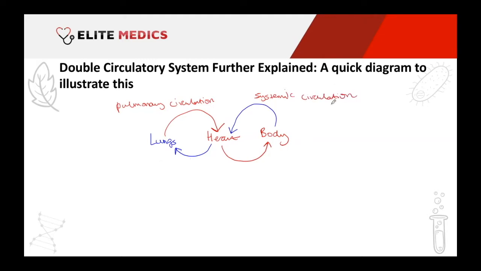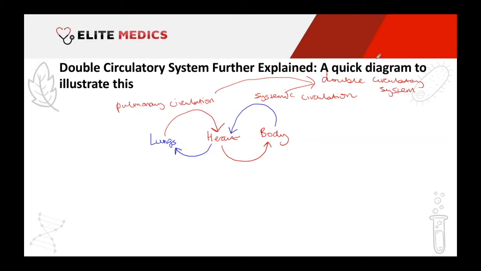Can you see what I mean by there being two circuits? You've got one circuit, which is the pulmonary circulation, pumping blood to the lungs and back via the heart, and the other circuit, which is the systemic circulation, which involves pumping blood to the body. Together, this makes a double circulatory system.